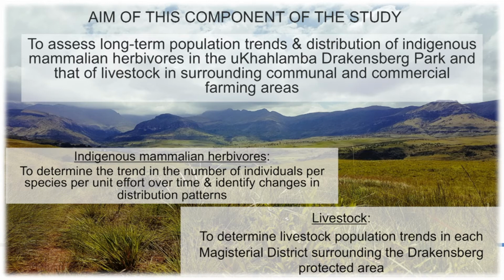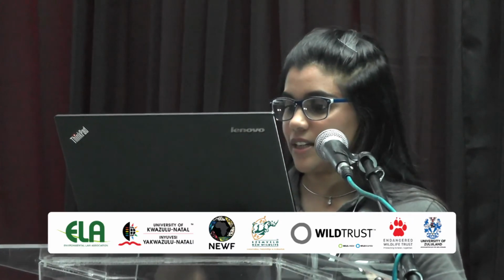A key objective here is to determine whether a common pattern occurs between different species, indicating a common causal agent, or whether species show individualistic behaviors. And for livestock, we wanted to determine livestock population trends in each of the magisterial districts surrounding the Drakensberg protected area.